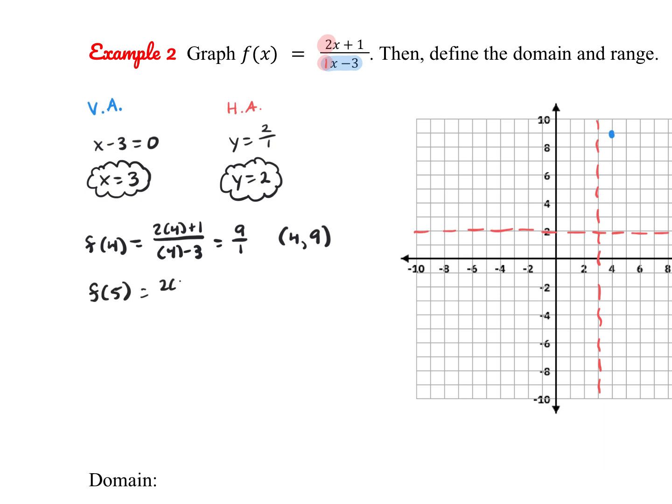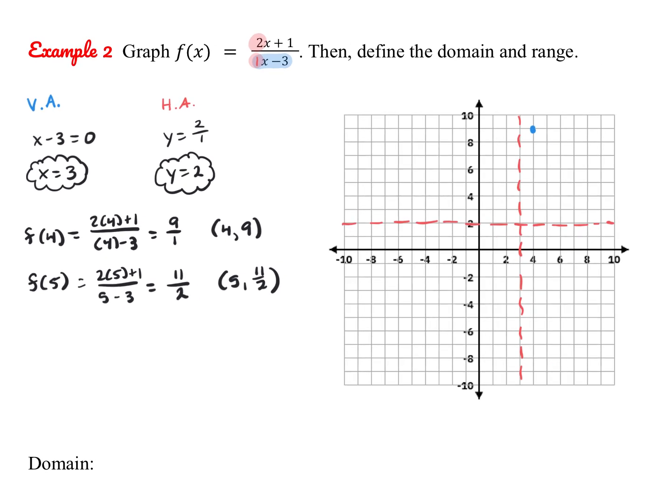Let's do f of 5. So here I have 2 times 5, which is 10, plus 1 is 11 over 2. So I'm just going to have to estimate where this is in our graph. But we know that it should be between 5 and 6 for the y value. So 5, and then somewhere around here.